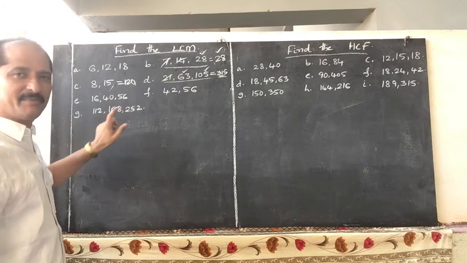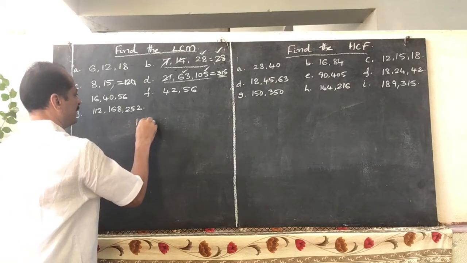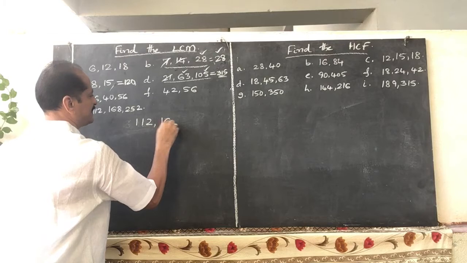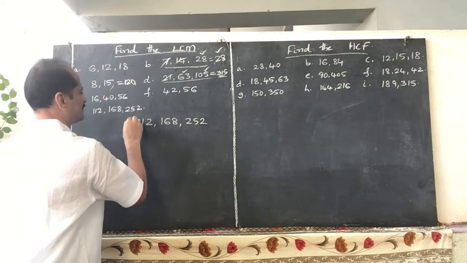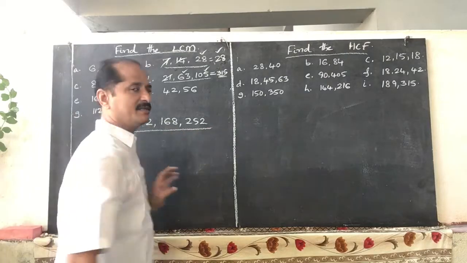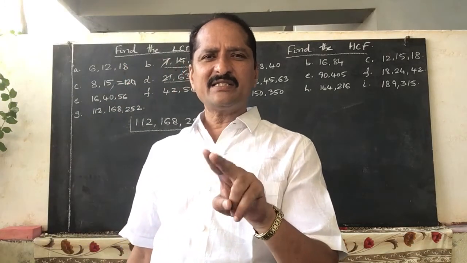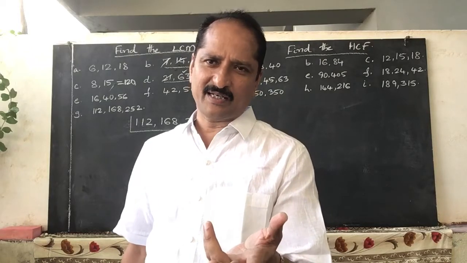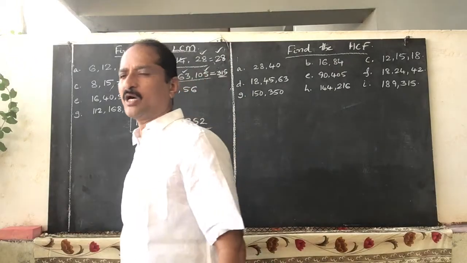Here also this is not a multiple. So we have to find out the LCM of these three numbers. Here no use of the two properties: if they are co-primes, or if the greatest number is a multiple of a smaller number. So not applicable.